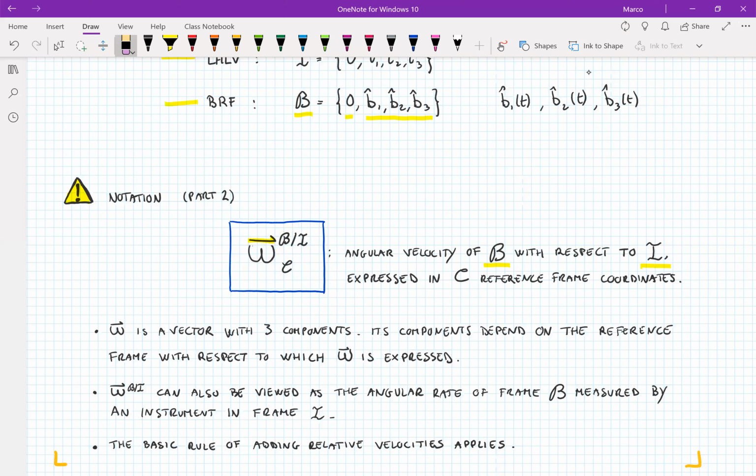Okay, so as I anticipated, the angular velocity is a vector, so it will have three components.